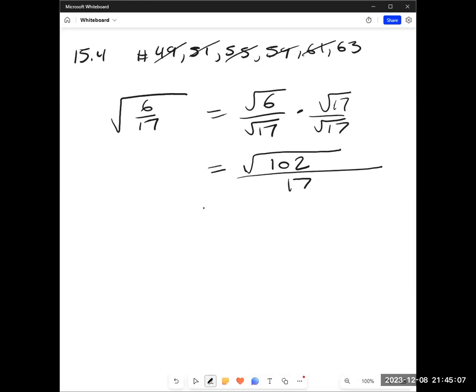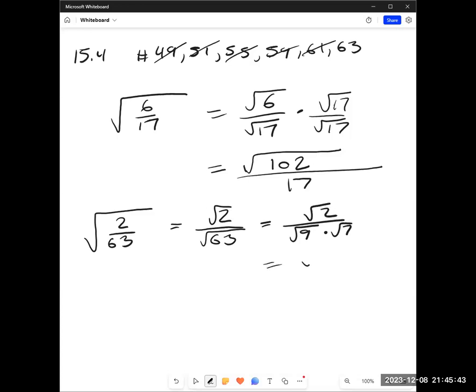All right, let's look at this last problem in this section. Square root of 2 over 63. That's going to be root 2 over root 63, which is root 2 over the square root of 9 times the square root of 7, which is root 2 over 3 root 7.